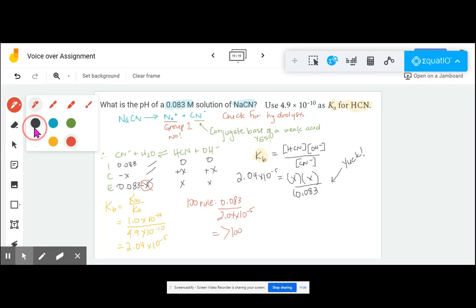So the next thing that you will do after you take out the x is to multiply the Kb value by the denominator to get rid of it on the right hand side.